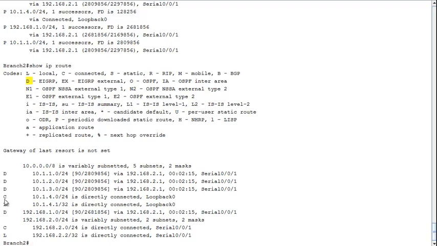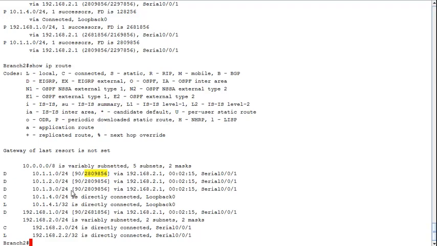C is connected, so those are all our directly connected routes. So branch 1, its best route to get to 10.1.10 uses EIGRP, and it can get there via 192.168.2.1. In brackets here, the first part is its administrative distance, which comes in handy when we get further through the course and we talk about redistribution. And then its feasible distance, which will come in handy when we have multiple routes to the same destination.